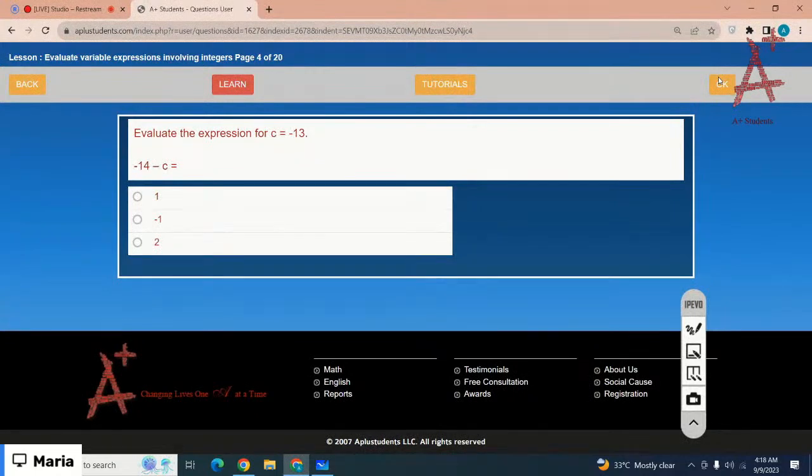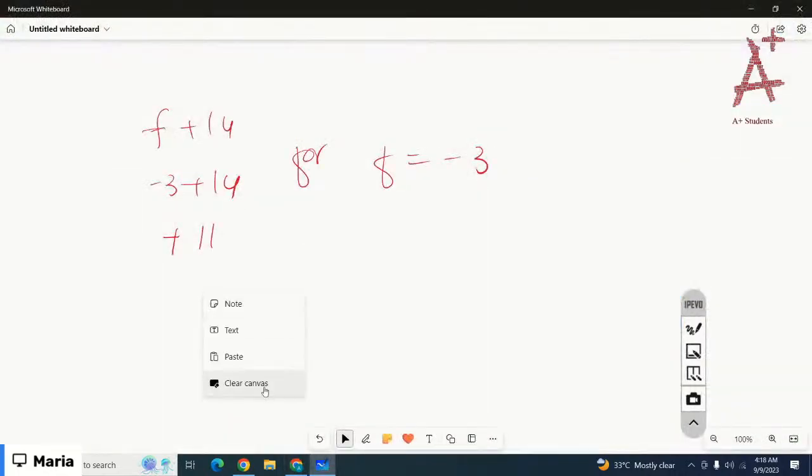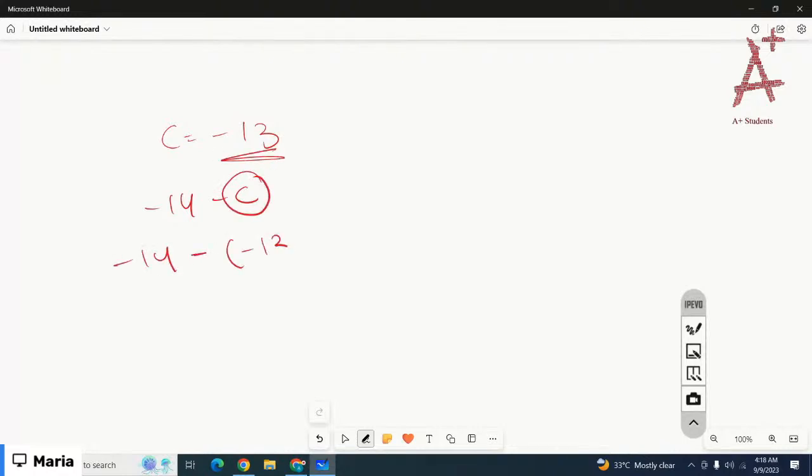Evaluate the expression for c equals negative 13, and the expression is negative 14 minus c, right? Simply replace the c with the value negative 13. Negative 14 minus negative 13.